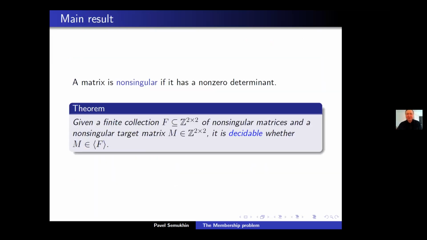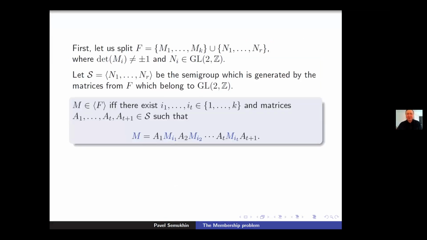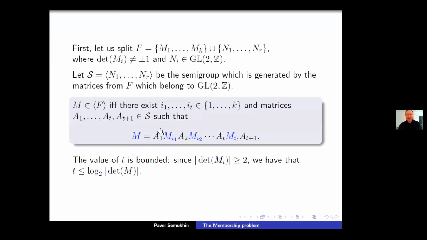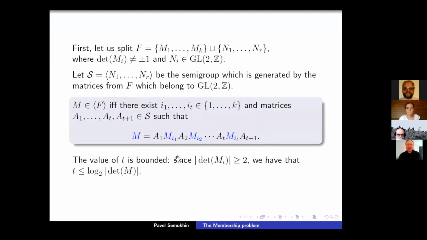When we have matrices with determinant 0, basically the first step in this proof fails, because we don't have any bound on T in this equation anymore. Because the matrix M might have 0 determinant, and everything breaks down here.